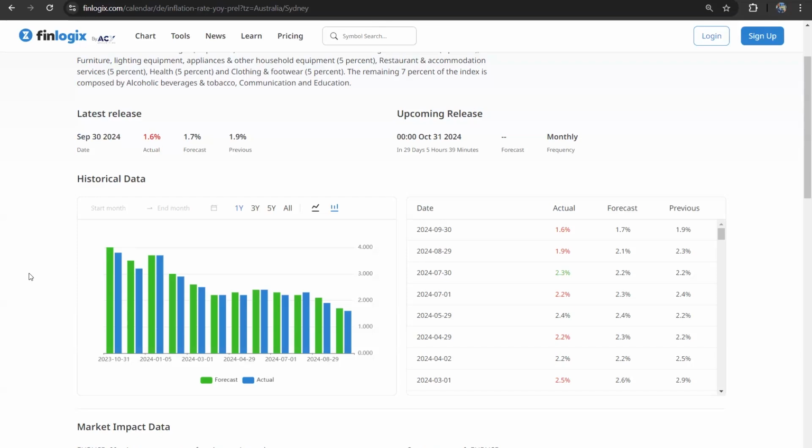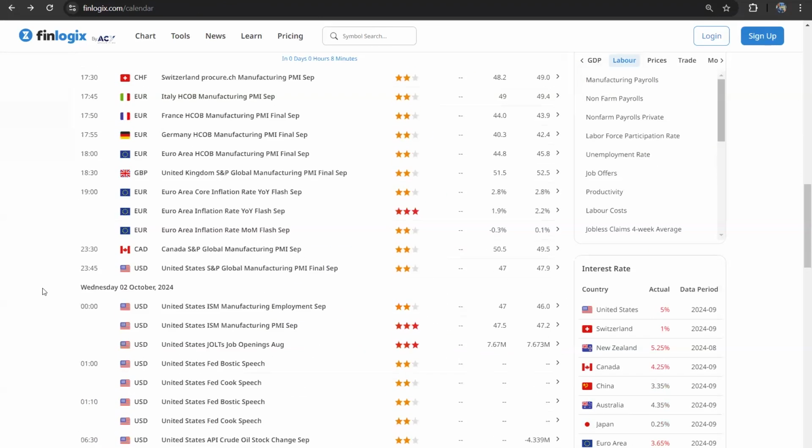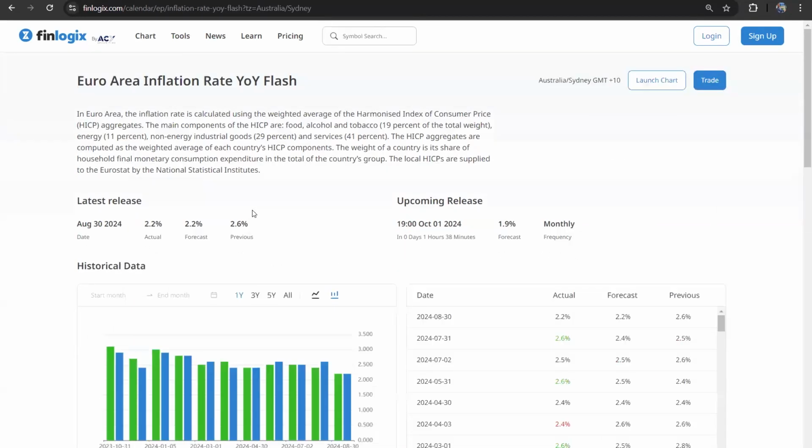And why do I say that? It's because, again, the portion of the Eurozone that Germany takes is huge. Whatever happens in Germany may happen back to the Eurozone. So if we come back to the economic calendar and we click here on the euro inflation rate year over year, the expectation is 1.9%.